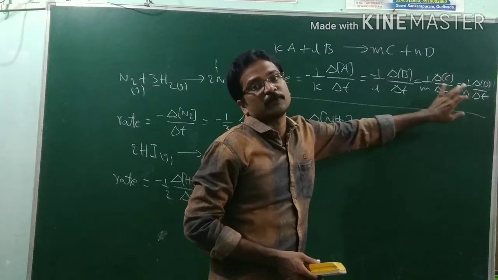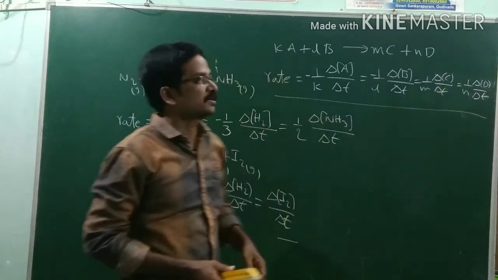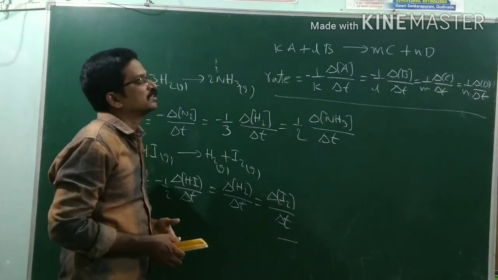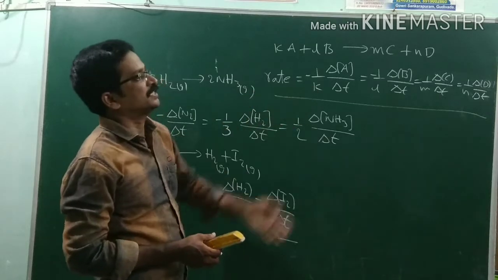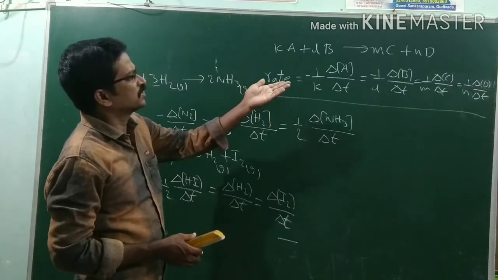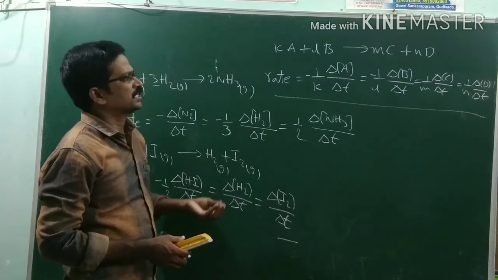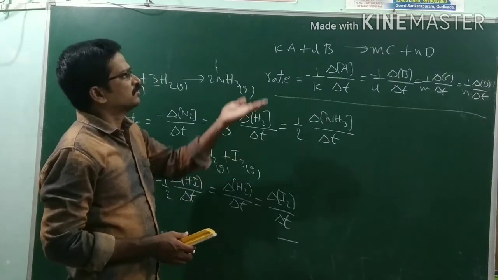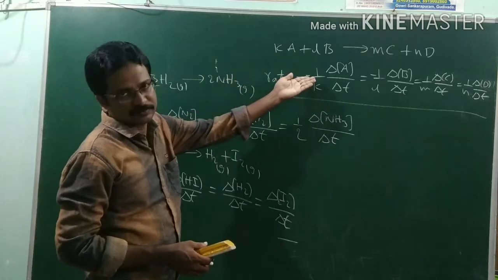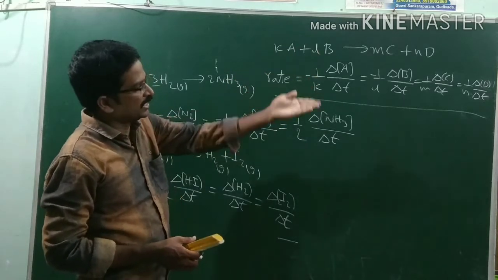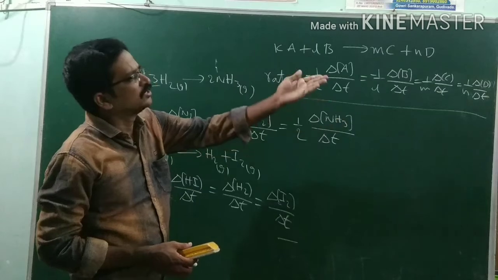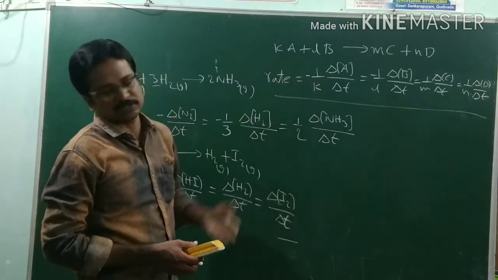For the rate with respect to the reactants, you must write the negative sign, and for the rate with respect to the products, you write only the positive sign.